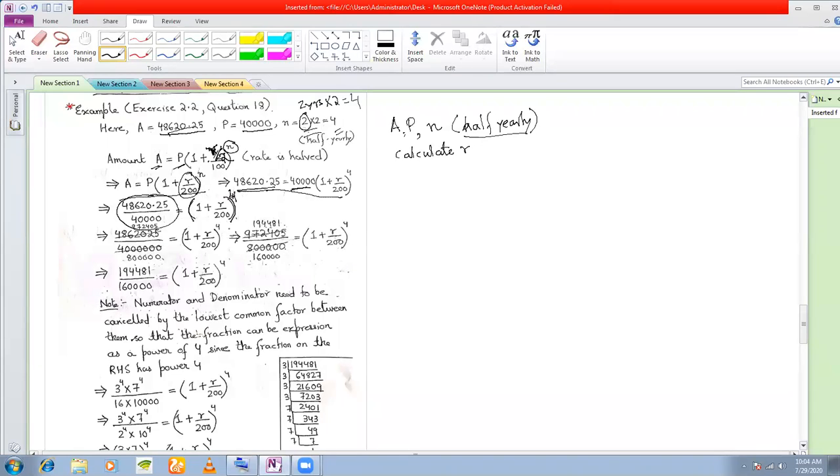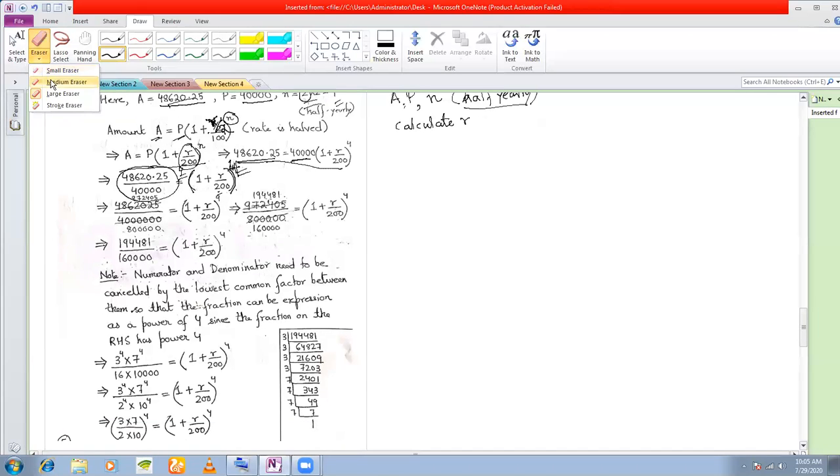Because we need to calculate the rate, our next idea is to make the powers same. If I have a power 4 here, I must have a power 4 here also. When the powers are same, then I can equate the bases. So what I do is that I start cancelling.